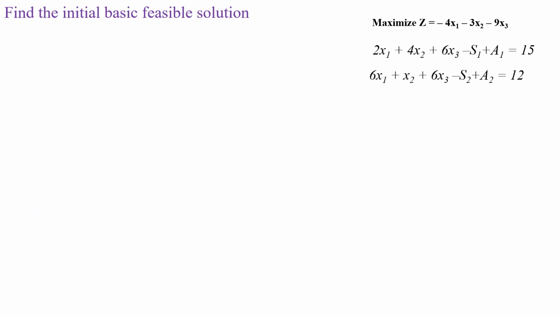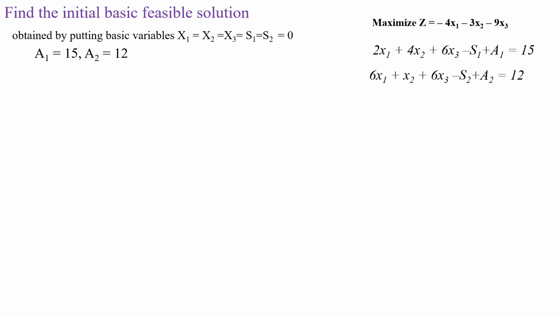Next step is to find the initial basic feasible solution. For this, consider x1, x2, x3, S1, S2 as 0 and substitute in the equations. Then the A1 value is 15 and the A2 value is 12.